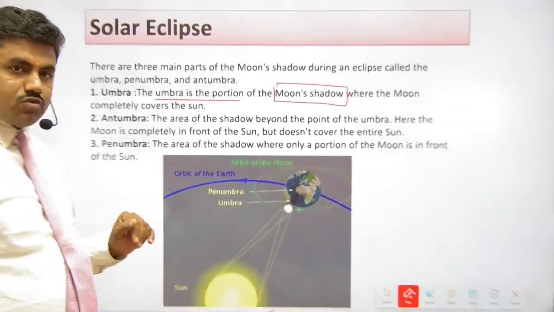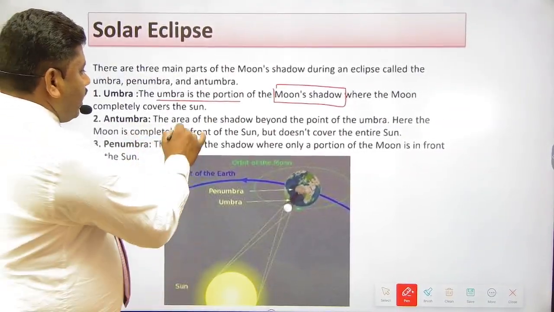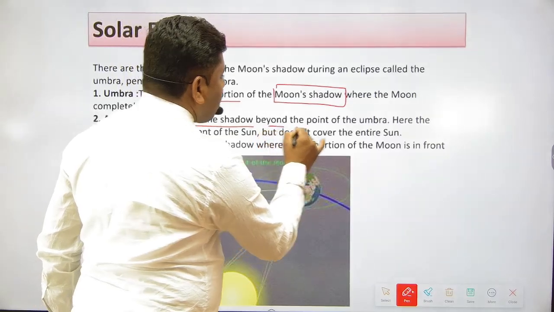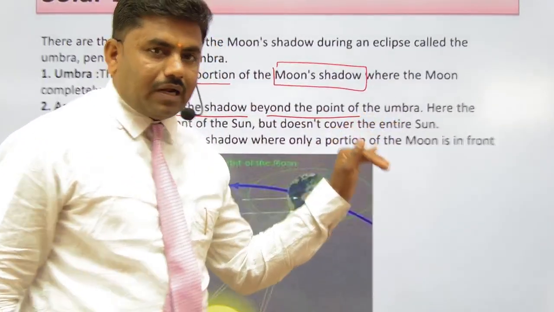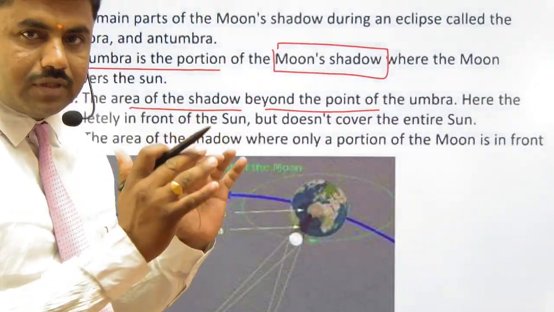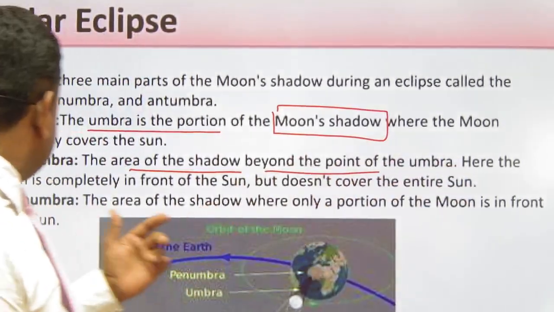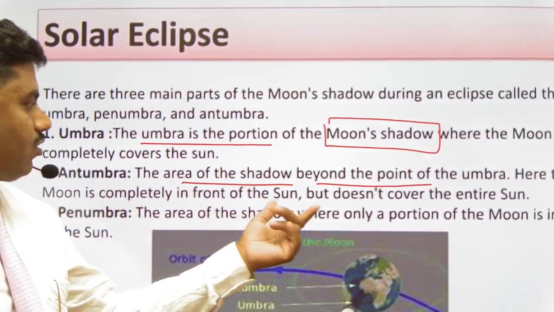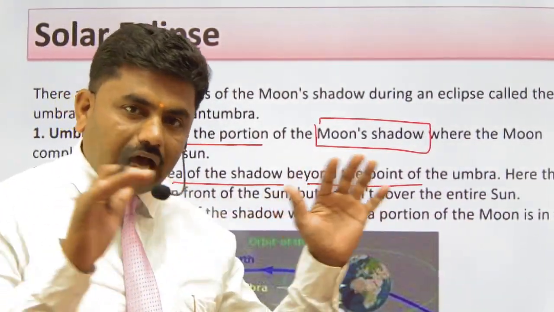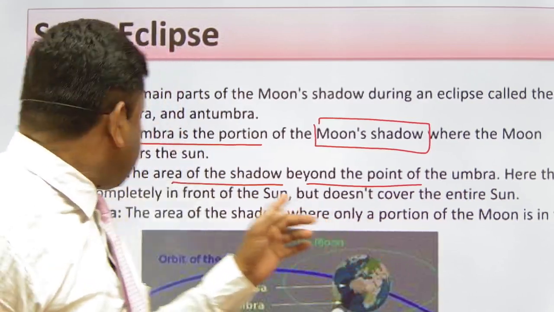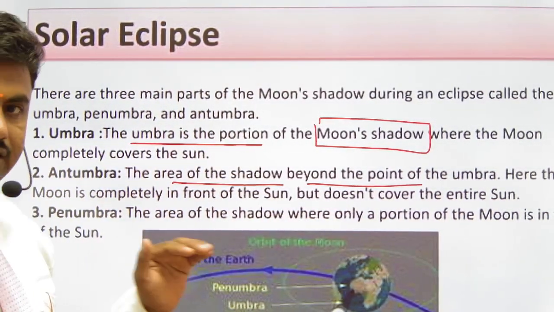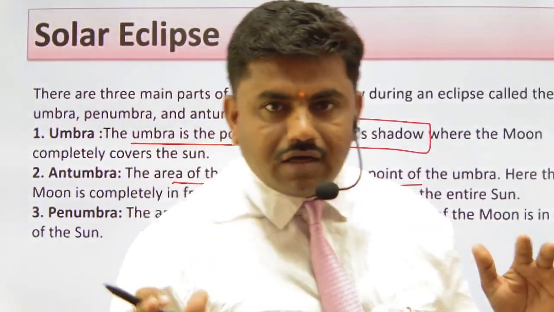And what does antumbra mean? It is the area of the shadow beyond the point of the umbra, where the moon is completely in front of the sun but doesn't cover the entire sun. That portion is known as the antumbra.